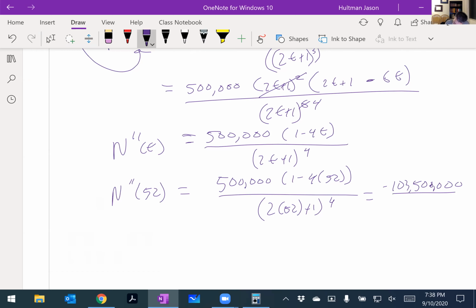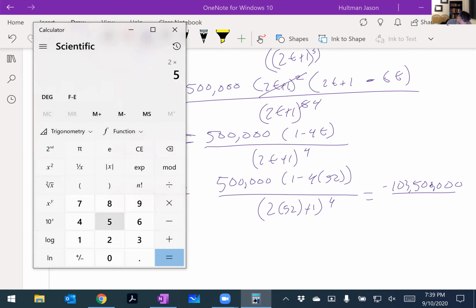Okay, and the bottom is 2 times 52 plus 1, to the 4th power. 2 times 52 plus 1, okay, 105 to the 4th power.